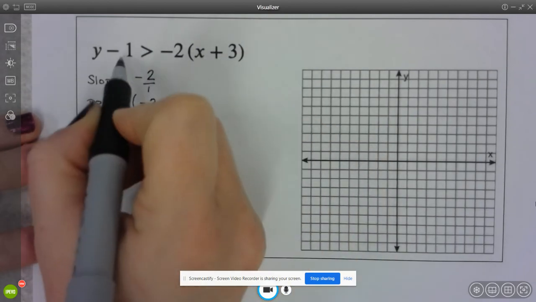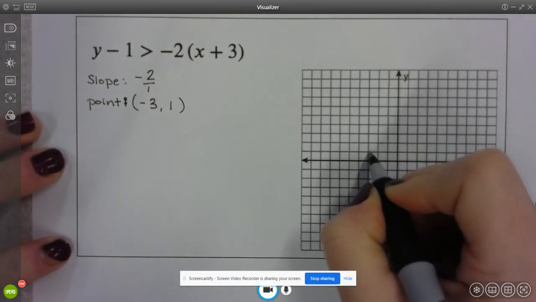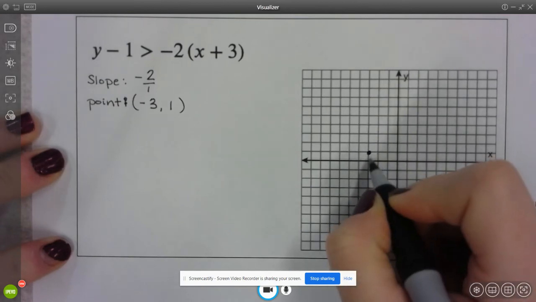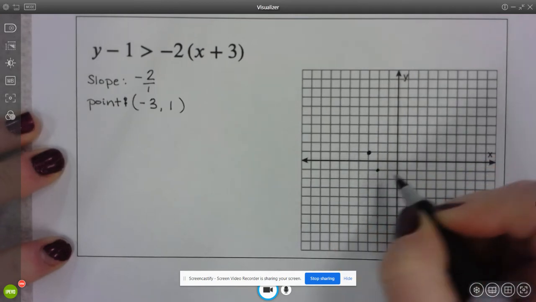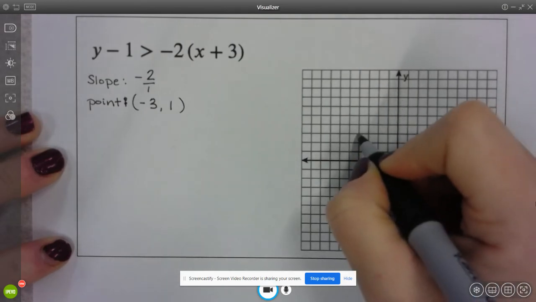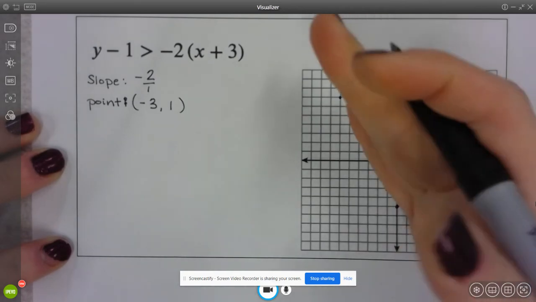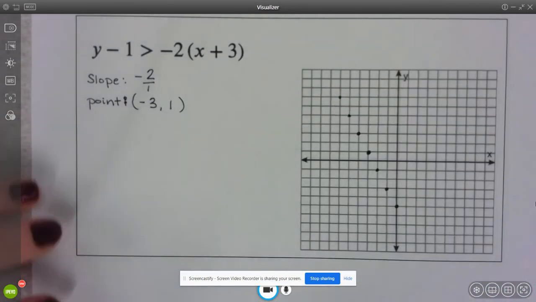So it would be -3 and +1. So I'm going to go to (-3, 1), and I'm going to use my slope to create some points for this line. And remember, it's negative, so it has to be a decreasing line.